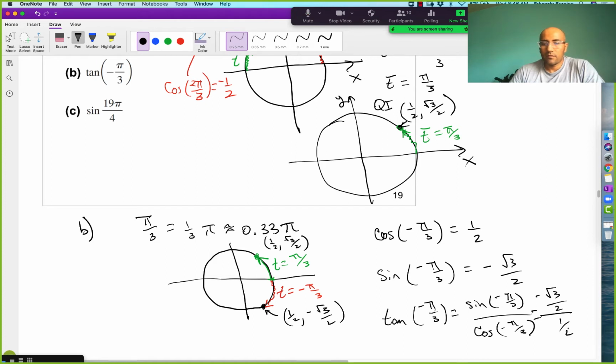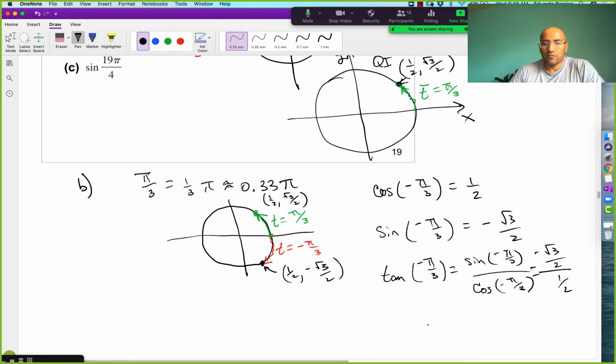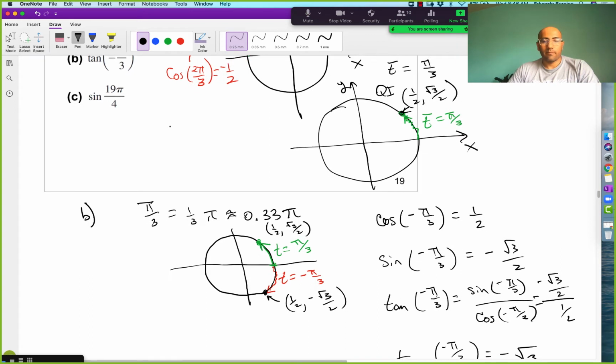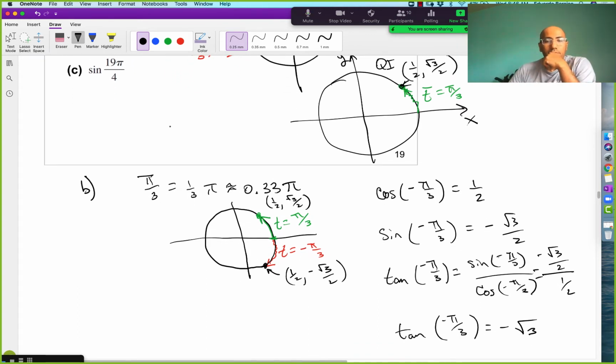So this reduces to negative root 3. Right? And that was the question they wanted. Find tangent of negative pi over 3. Any questions?